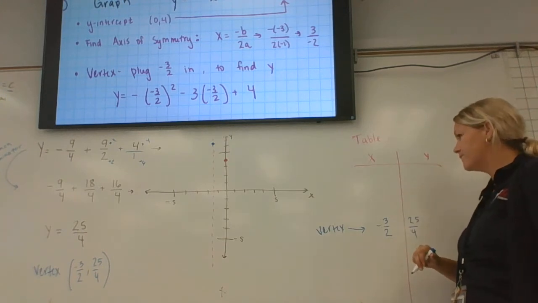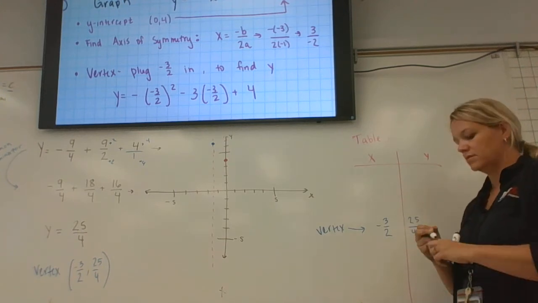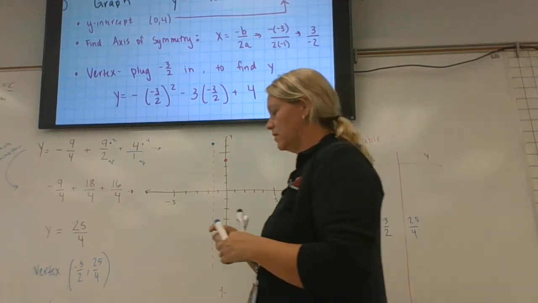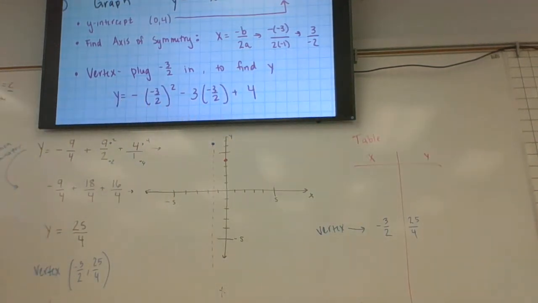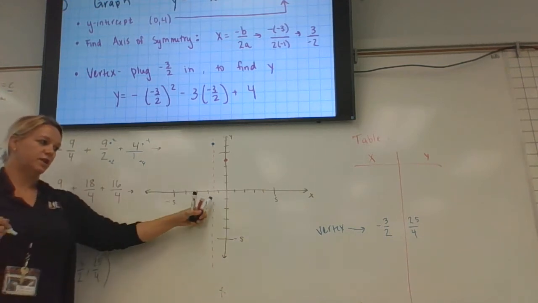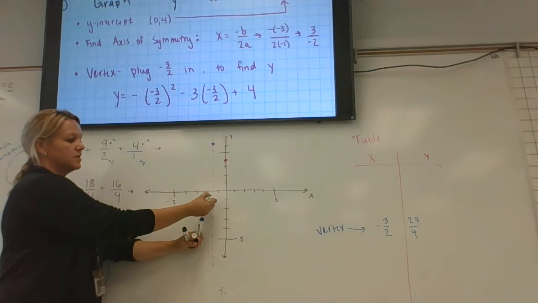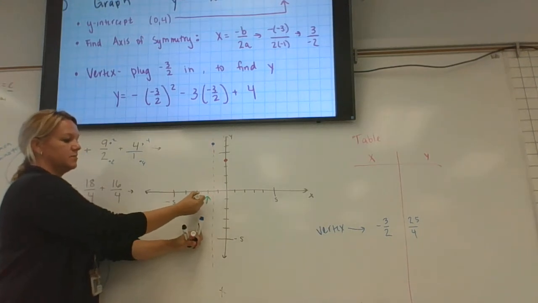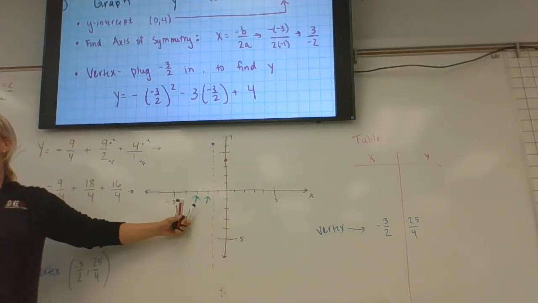You just get a decimal of negative 3 over 2. I'm actually not gonna think about it that hard. I'm gonna just look here and pick this number and this number. Okay.